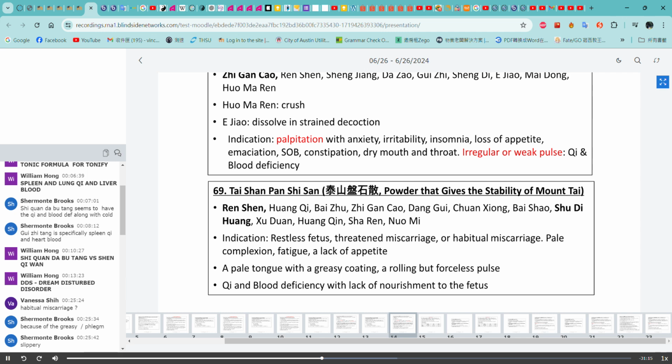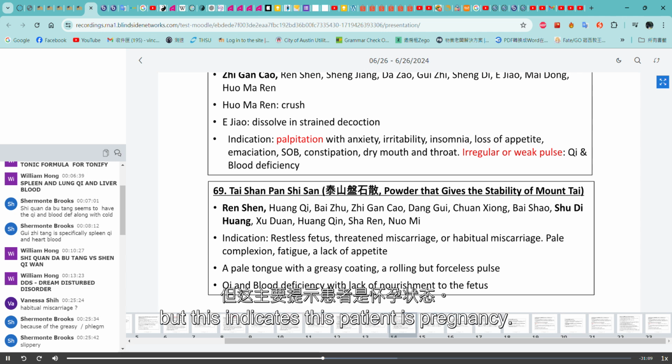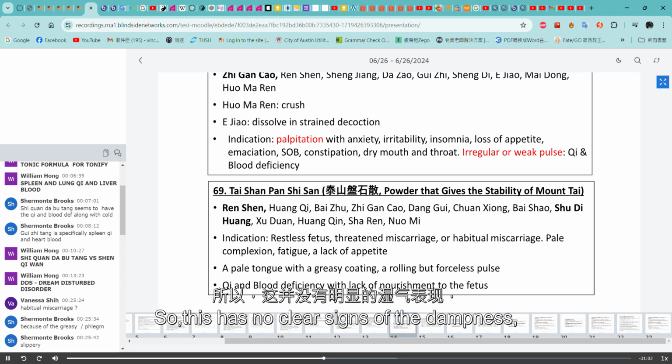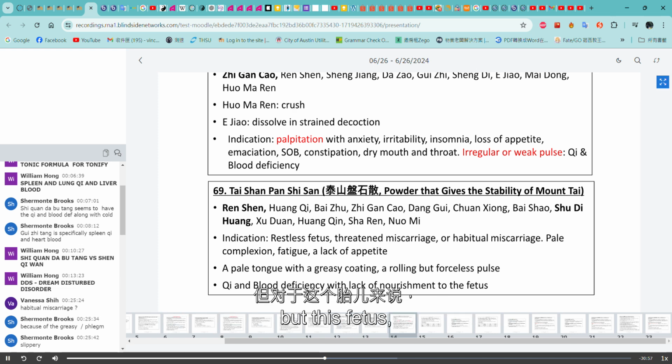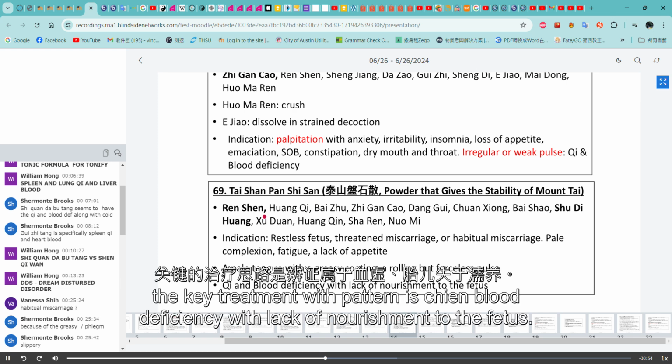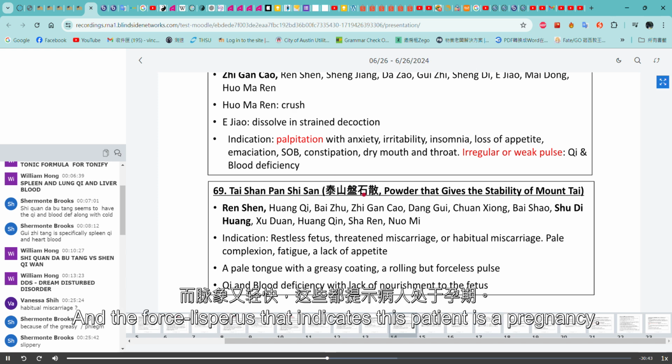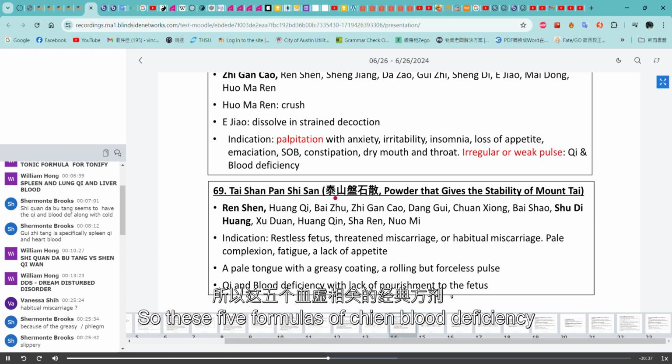A rolling pulse is a slippery pulse. It can indicate phlegm, but here it indicates this patient is pregnant. There are no clear signs of dampness or phlegm. The key treatment pattern is qi and blood deficiency with lack of nourishment to the fetus. So you feel the slight greasy coating and the forceless pulse, which indicates this patient is pregnant. These are the 5 formulas of qi and blood deficiency.